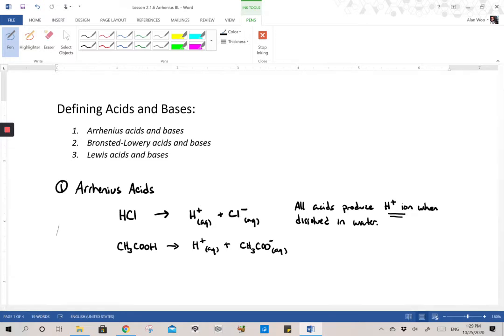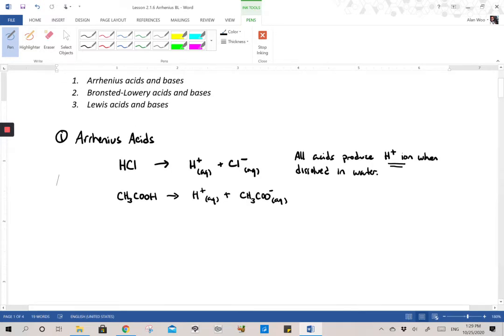Now, for bases, it's not that much different. An Arrhenius base is simply a substance where, let's give you Mg(OH)2. This is a strong base called magnesium hydroxide.